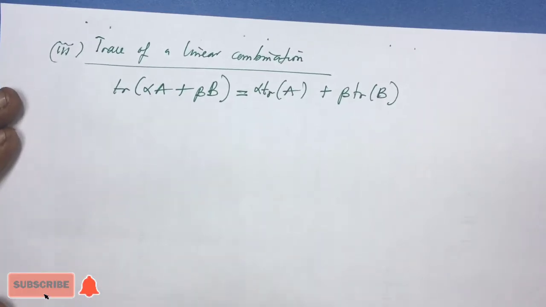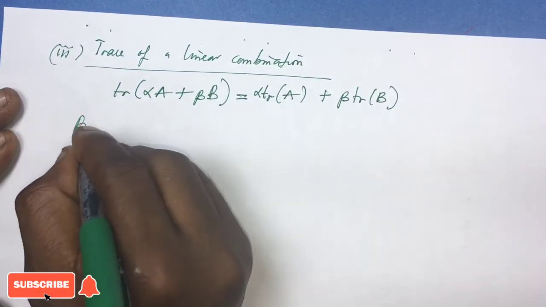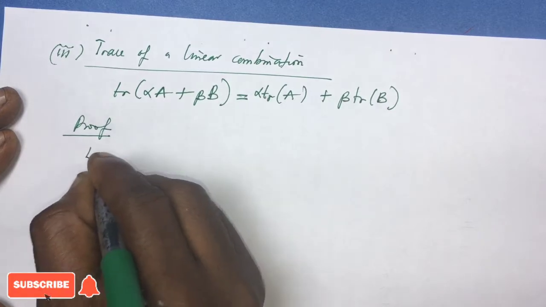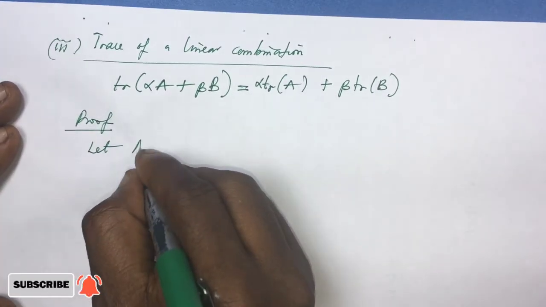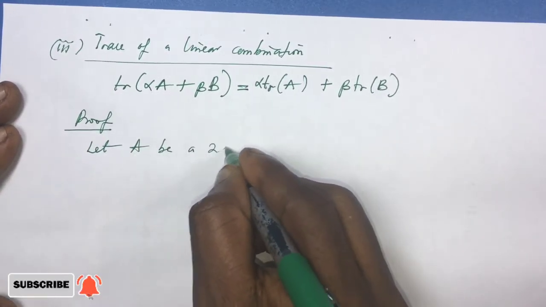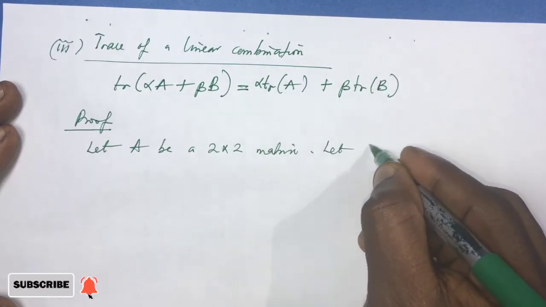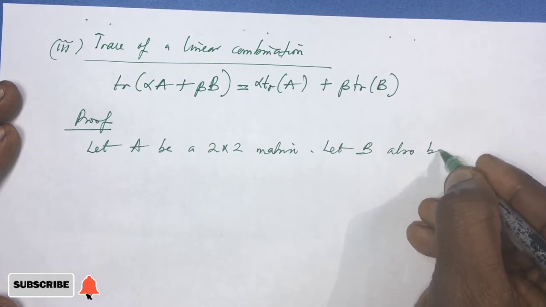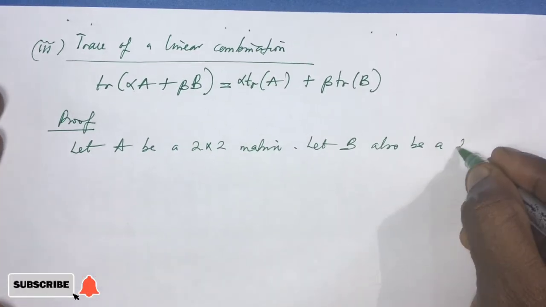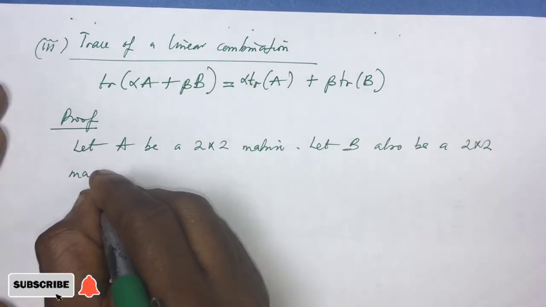Again, we shall use a 2 by 2 matrix. So the proof. Now let A be a 2 by 2 matrix. Let B also be a 2 by 2 matrix.